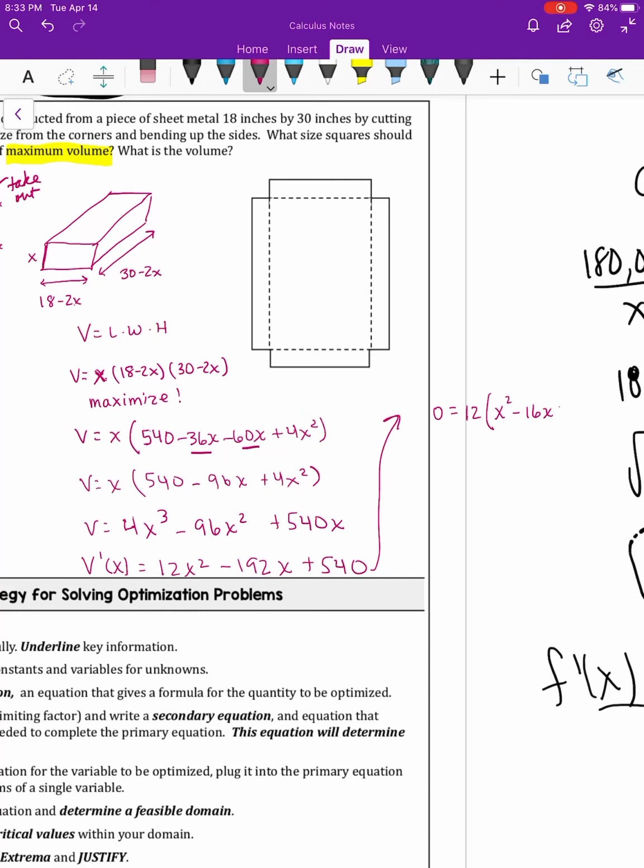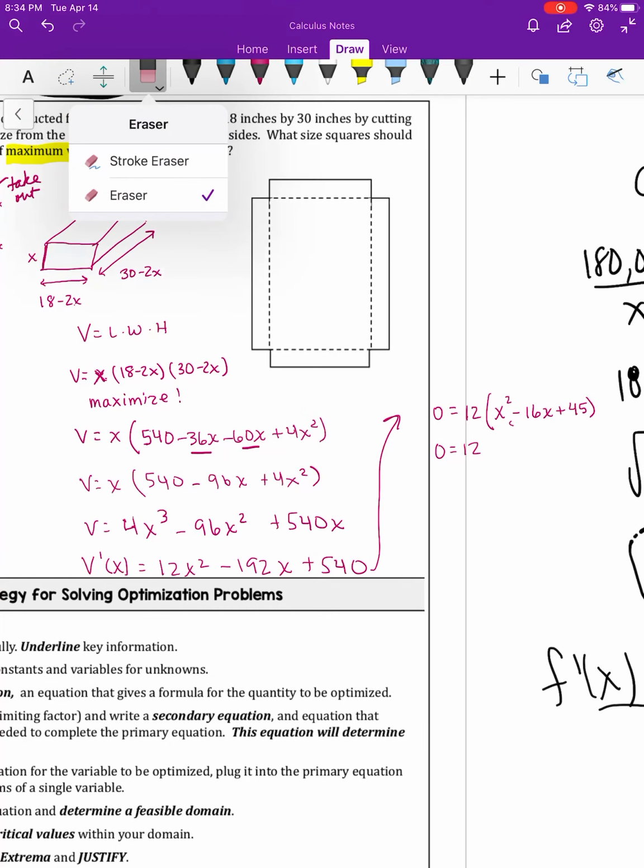And I notice that I can factor a 12 out of every term. Now I want to see, can I factor that? I tried to factor that and I could not. So quadratic formula.